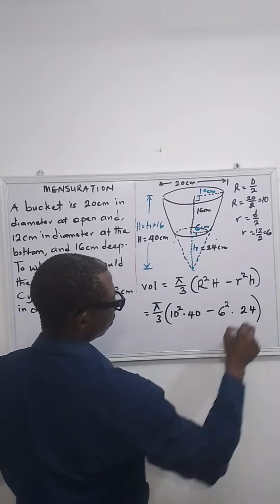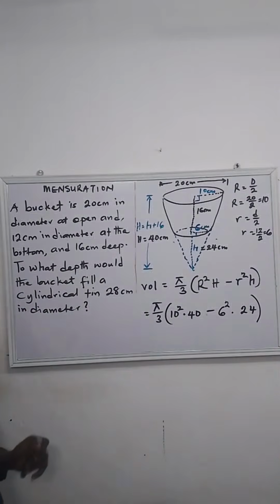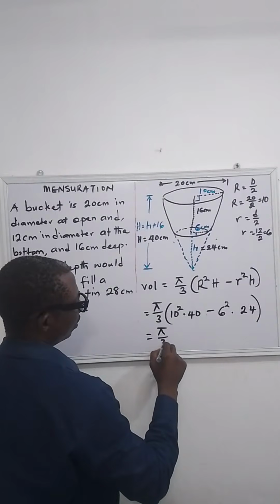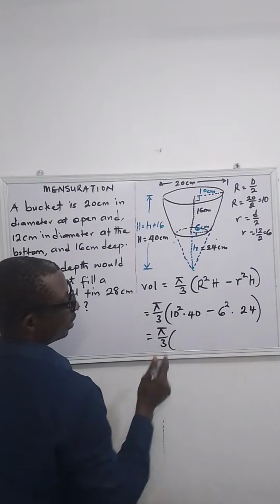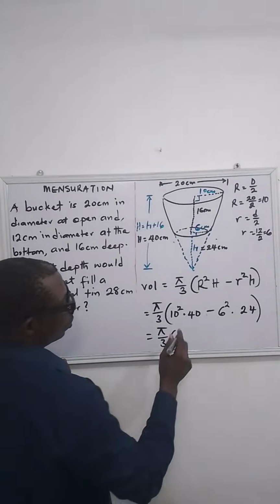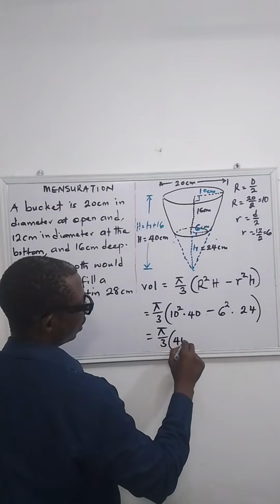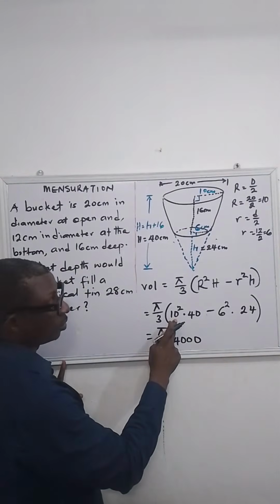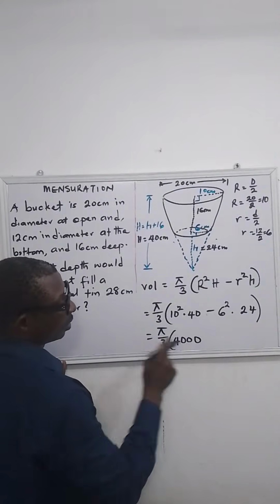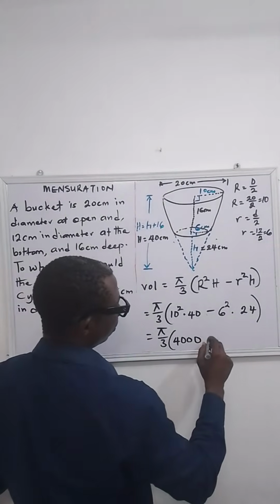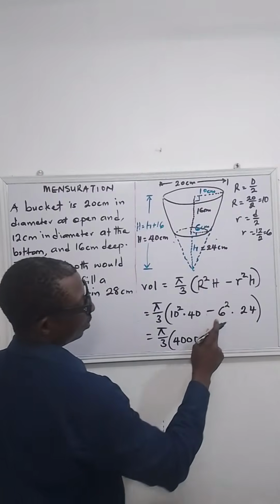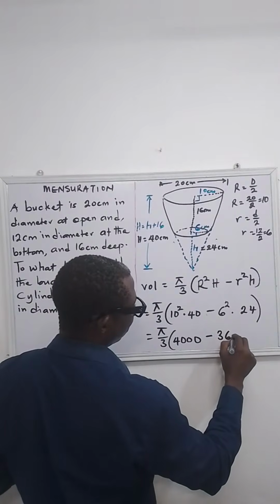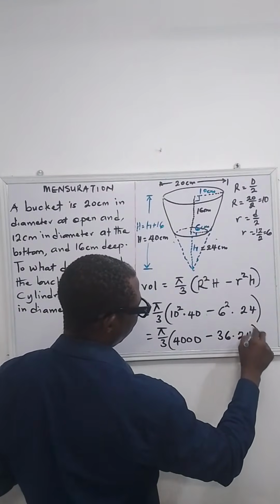Okay. So now we have pi over 3. Now when you square this, that is 100. And that gives you 4,000. So 10 times 10 is 100, times 40 is 4,000 minus. Now this is going to be 36. 6 times 6 is 36. We have 36 times 24.